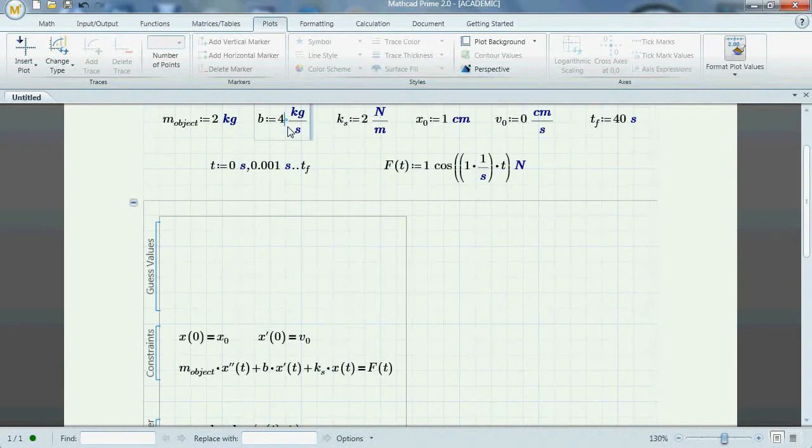What happens if our forcing function is not in the resonance frequency? So let's change this friction back to 0, and let's put in a different omega value.